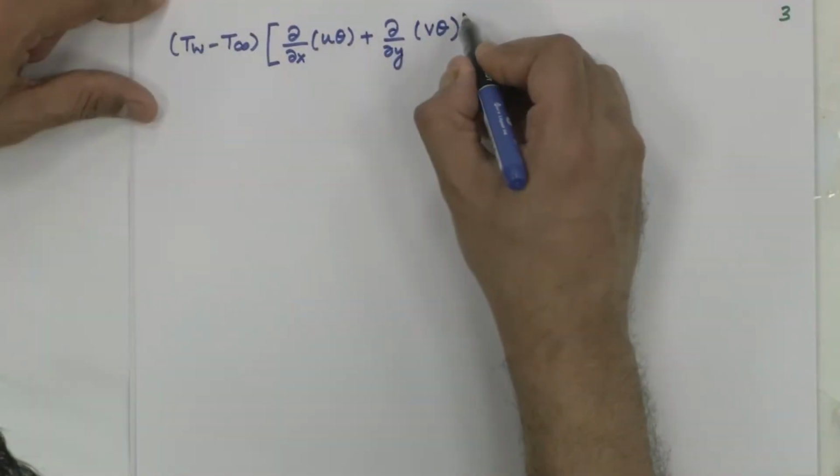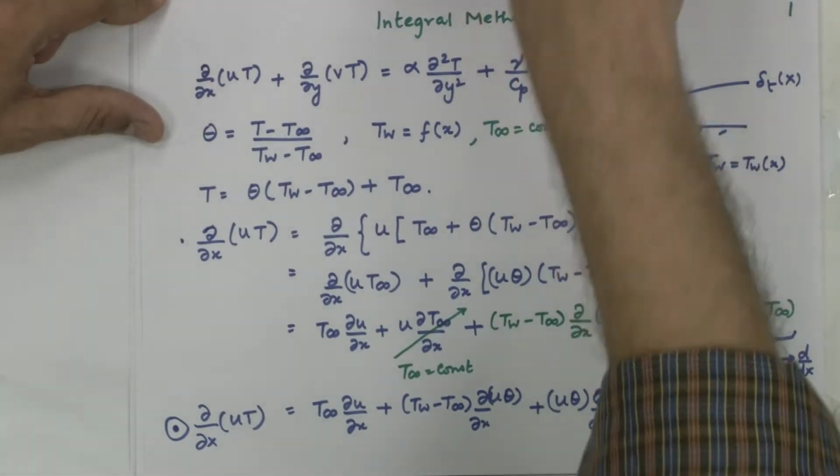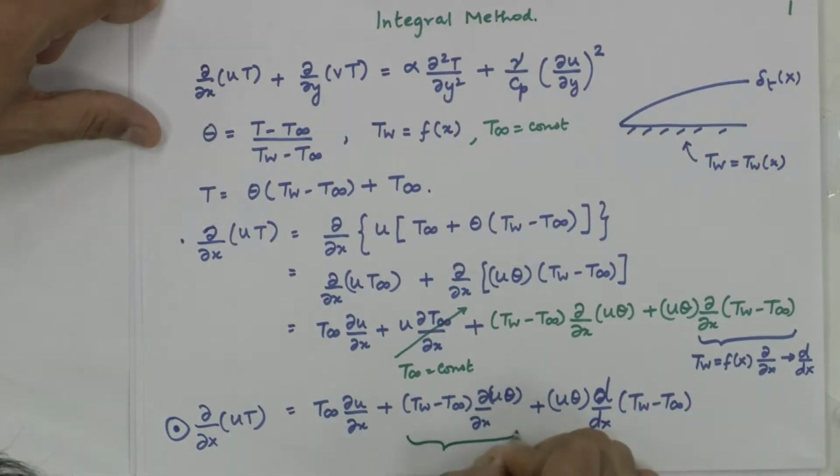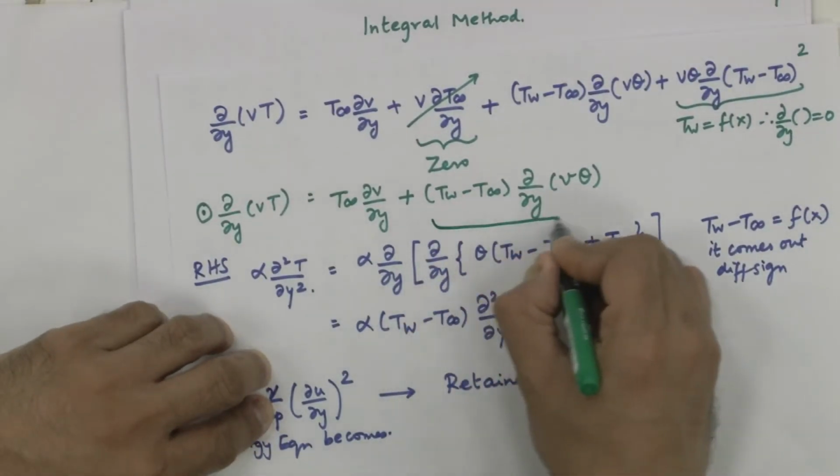So, energy equation becomes Tw minus T infinity times d by dx of u theta plus d by dy of v theta. These are the two terms that we have, see here. So, we have taken this term here and the corresponding term here.